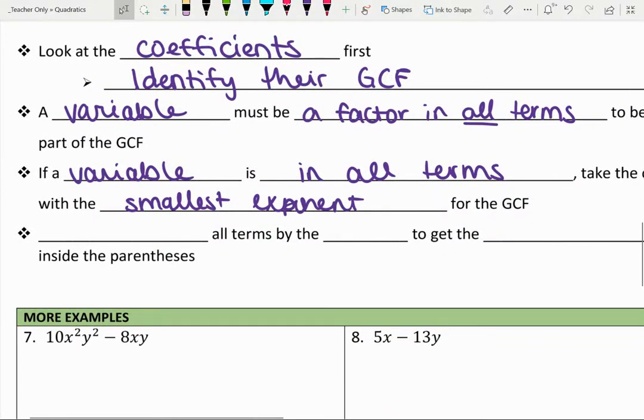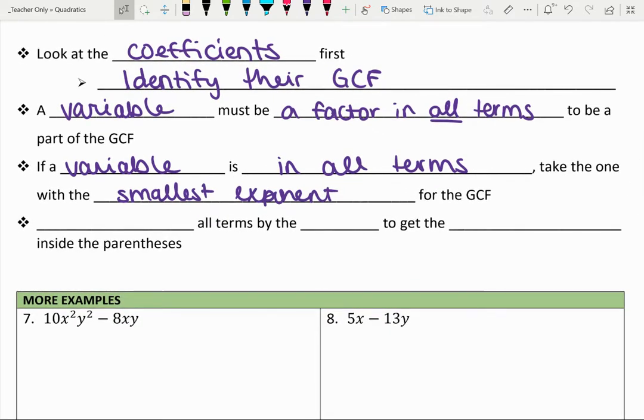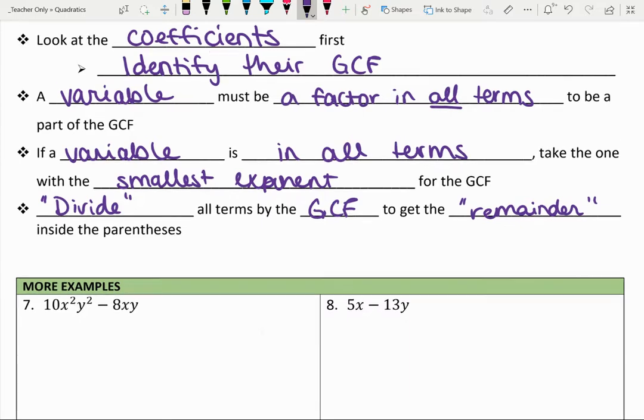So if we look at the coefficients, we look at the variables, and we find our greatest common factor, then I'm putting the word divide in quotation marks because we're not exactly dividing, right? But we're taking out the GCF to get the remainder, or the parts left behind inside the parentheses.